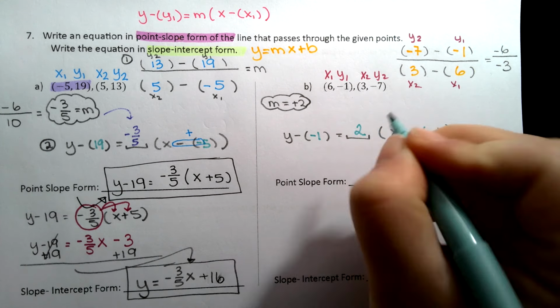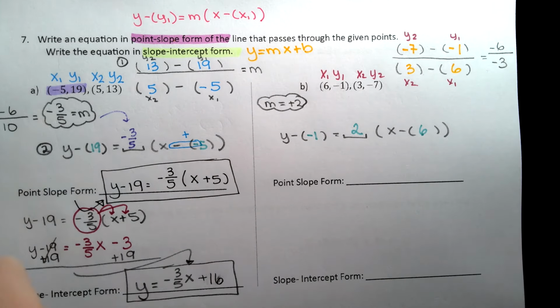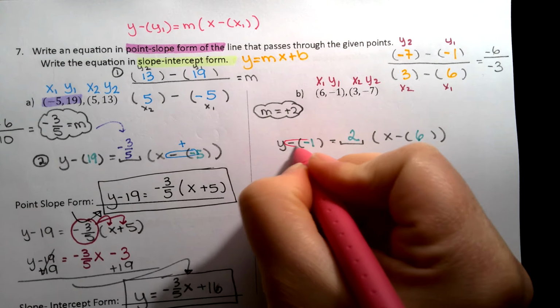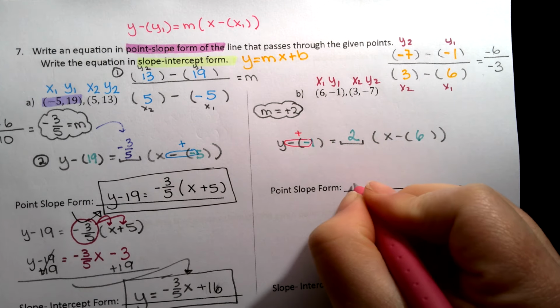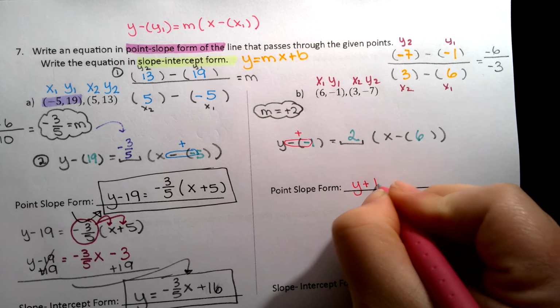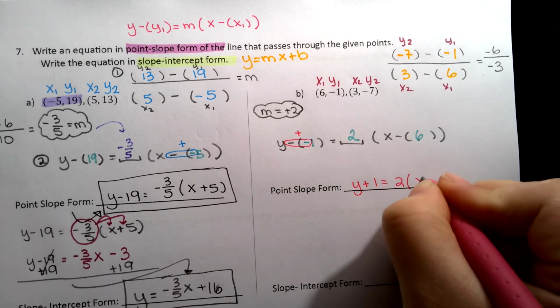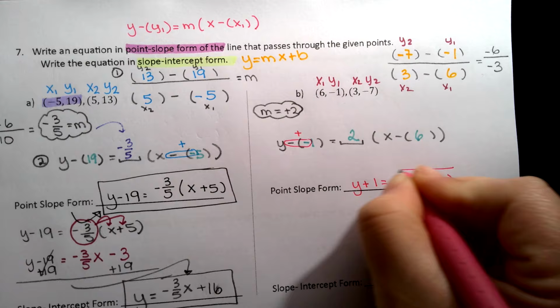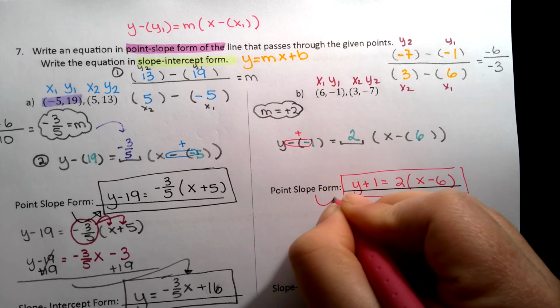Slope was a positive 2. Any double negatives? Yes. Take care of those double negatives here. So my answer in point slope form is y plus 1 is equal to 2 open x minus 6 close it. That is your point slope form.